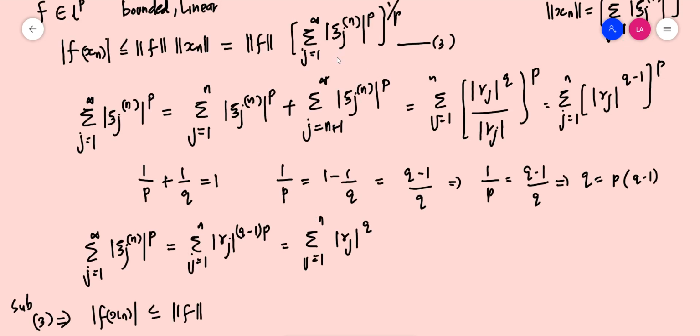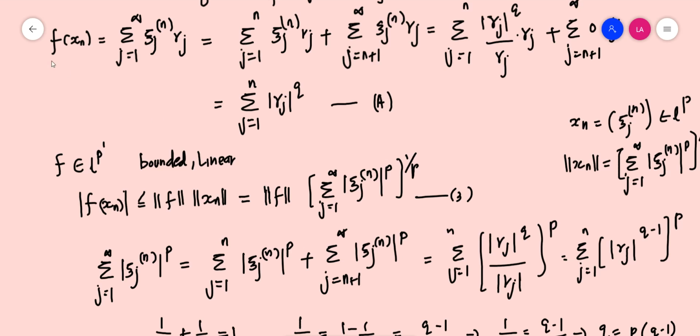But we have already found the value of the summation j equal to 1 to infinity of modulus of theta jn the whole raised to p, which is the summation j equal to 1 to n of modulus of gamma j the whole raised to q. So this expression becomes the summation j equal to 1 to n of modulus of gamma j the whole raised to q, the whole raised to 1 by p. This is what we get.